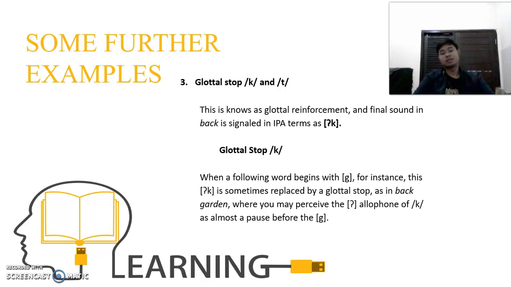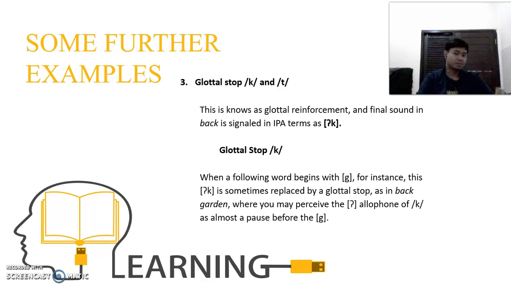For number three, glottal stop K and T. This is known as glottal reinforcement, and the final sound in back is signalled in IPA terms. Glottal stop K, when a following word begins with G, for instance, this is sometimes replaced by a glottal stop.